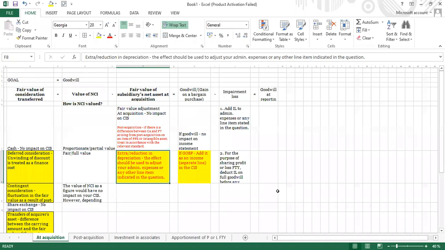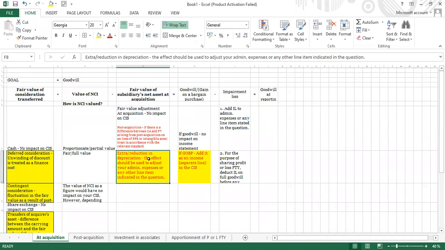Yeah, if the question says that depreciation has not yet been accounted for, of course, like you said, you have to calculate it. And whatever depreciation you get, you add it to your admin expenses. But if the question says that depreciation is added to cost of sales, you add it to cost of sales.